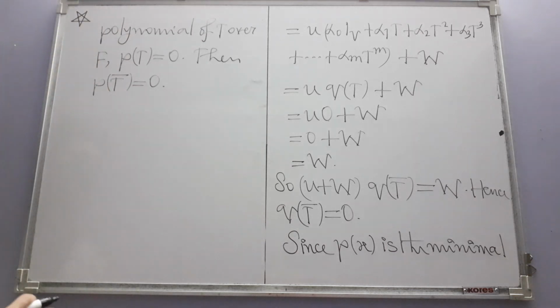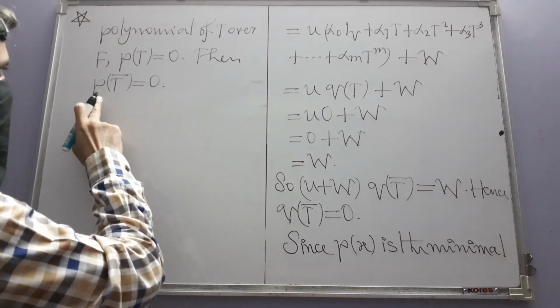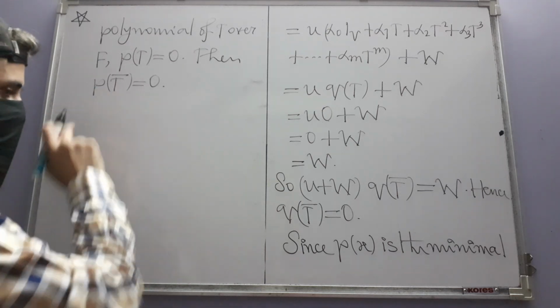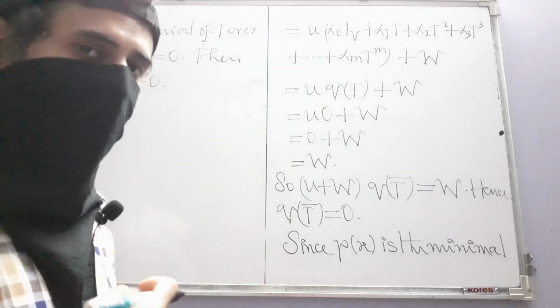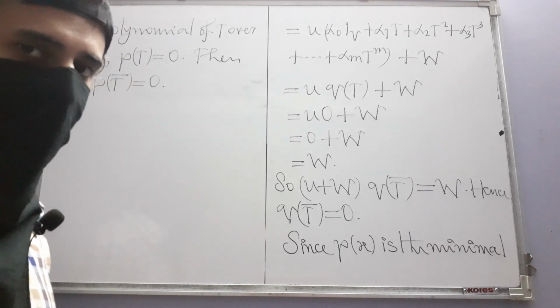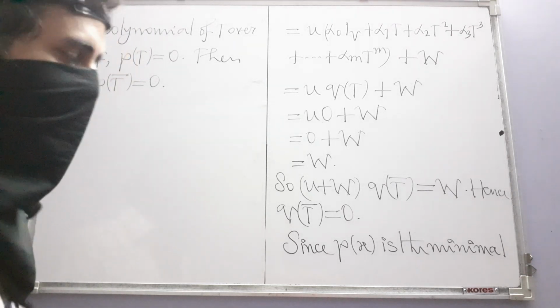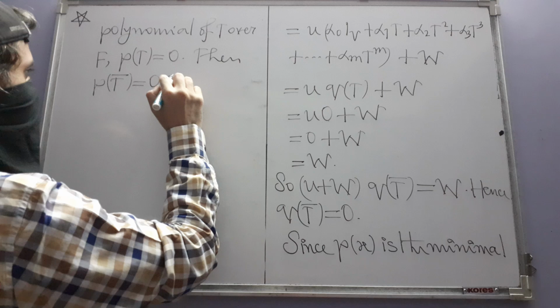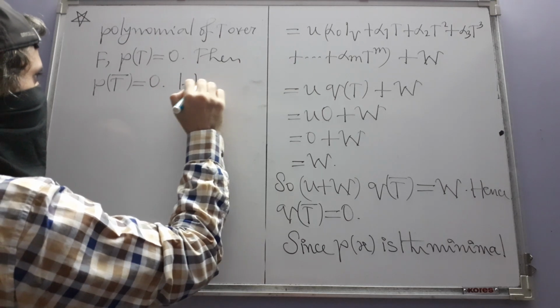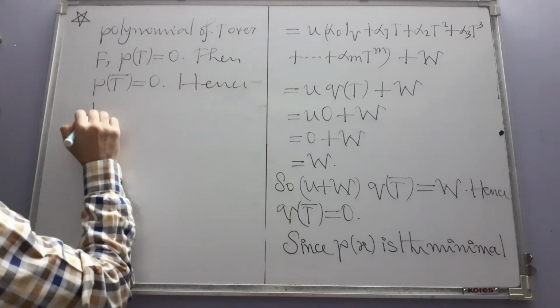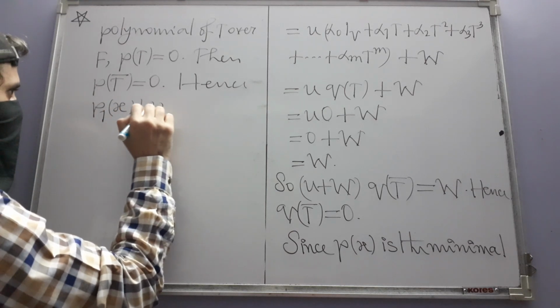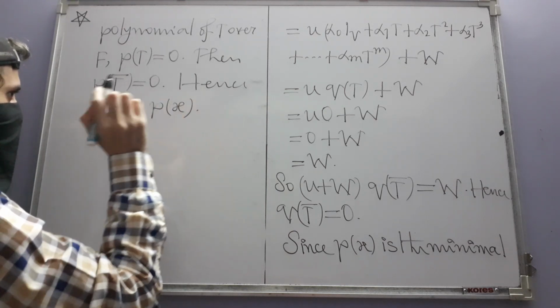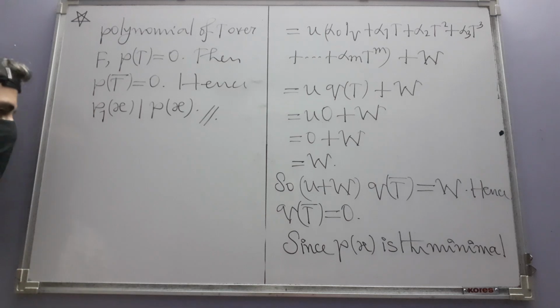And when this happens, then we know from ring theory that P1 has to divide P. The minimal polynomial divides any annihilating polynomial due to the least nature of its degree. Hence, P1x divides Px, and that completes the proof.